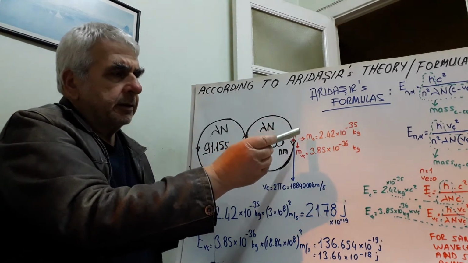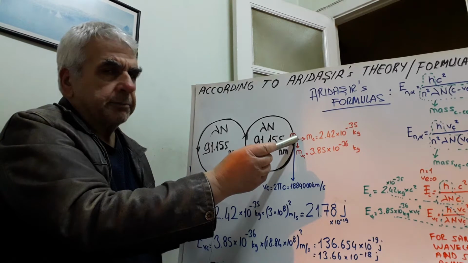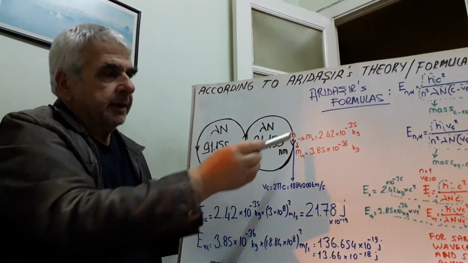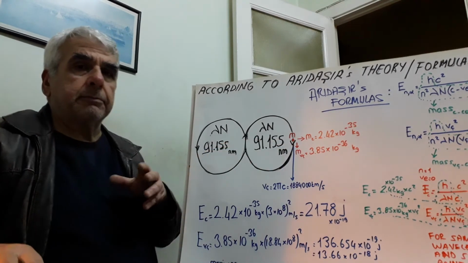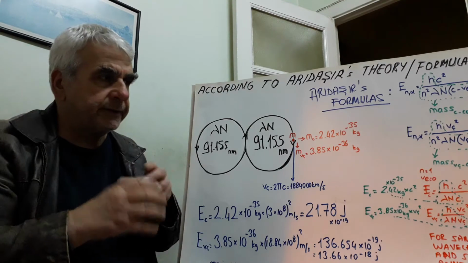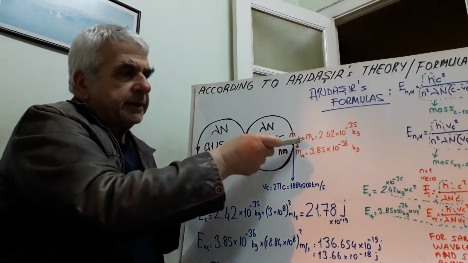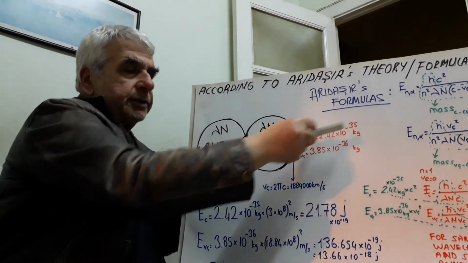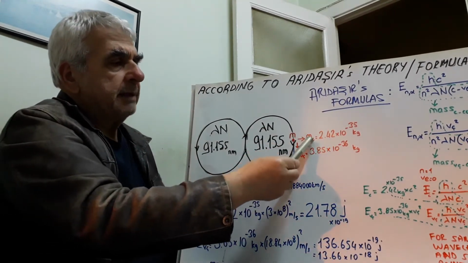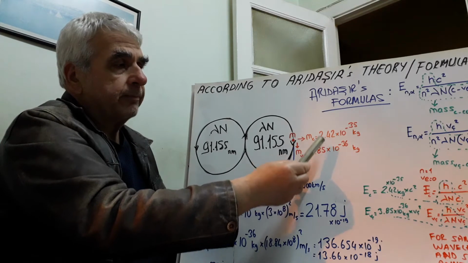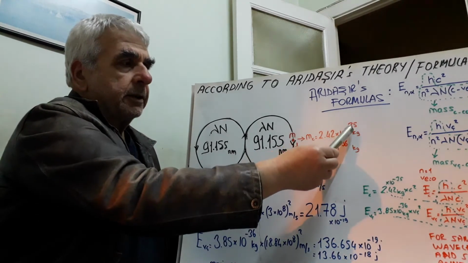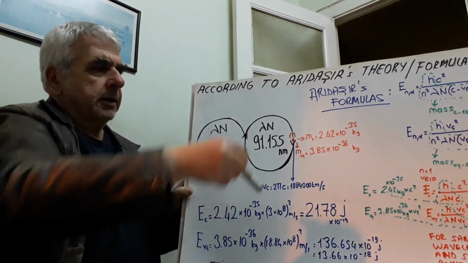This is point mass and has point energy, but there are two massless components according to my theory and my formulas. One of, I say mc, in this direction, c, speed of light direction, I have computed mc is equal to 2.42 10 to the minus 35 kilogram.